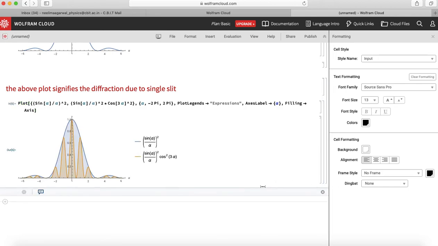Now you see that my blue color is diffraction due to a single slit, and my yellow or golden color shows the plot of sin square alpha by alpha whole square and cos square beta, where beta is 3 alpha. Yes, this is a combination of interference of two slits and the diffraction due to a single slit.